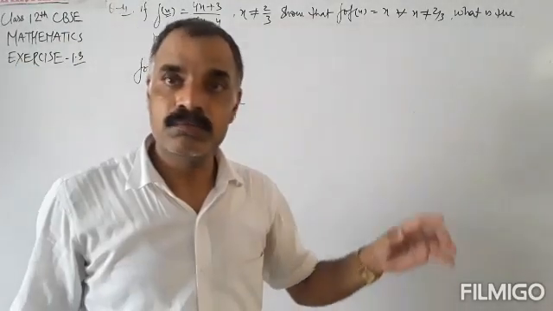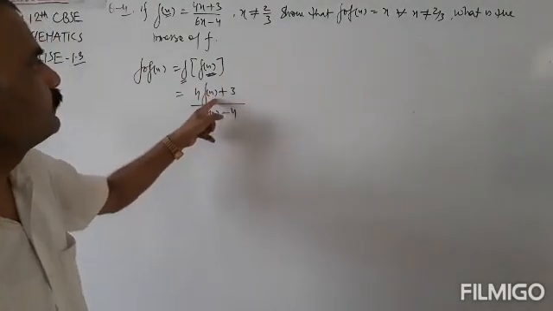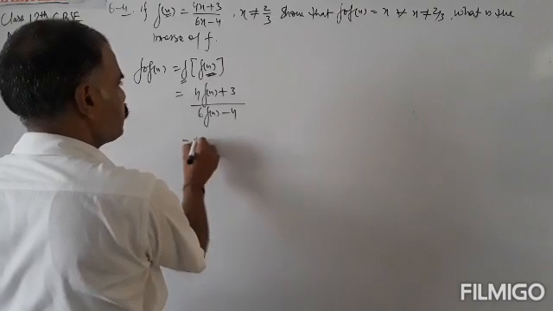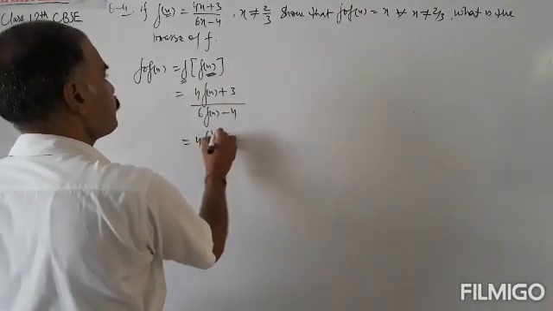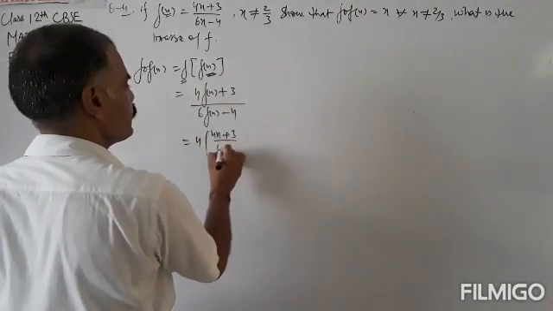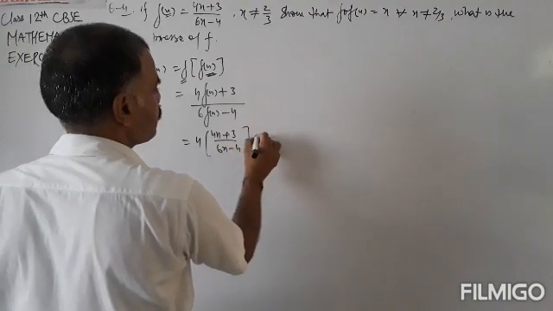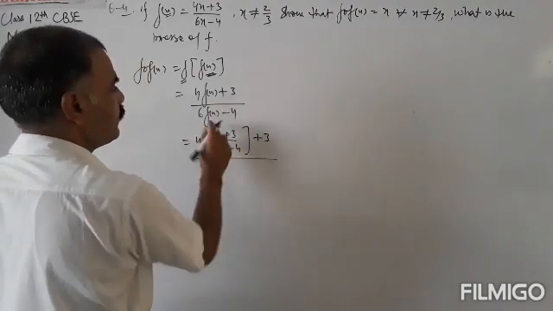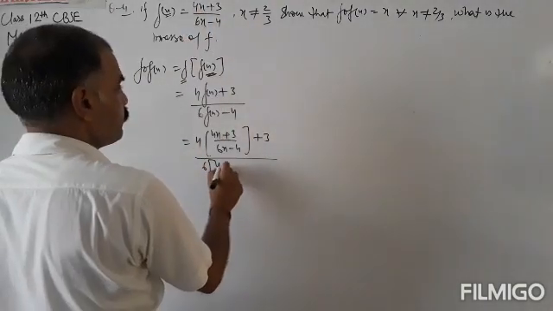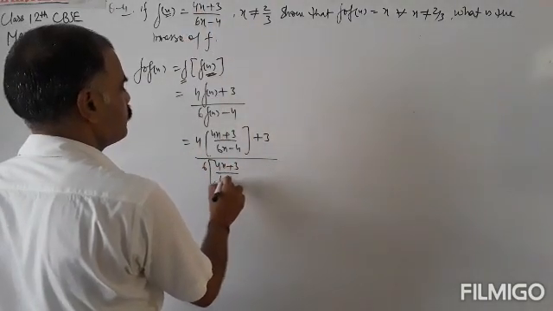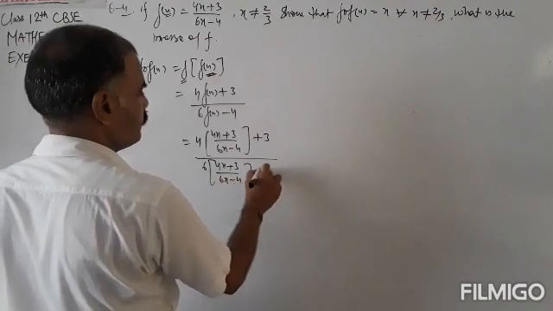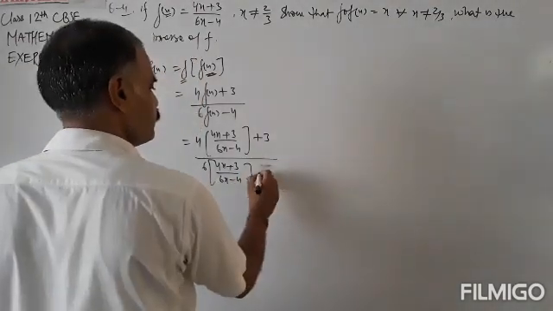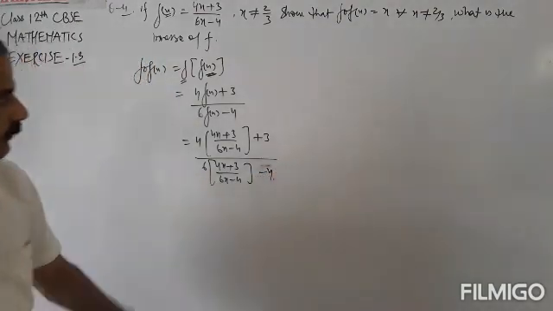Now put the value of f(x), that is (4x plus 3) upon (6x minus 4), so this equals 4 into (4x plus 3 upon 6x minus 4) plus 3, upon 6 into (4x plus 3 upon 6x minus 4) minus 4.